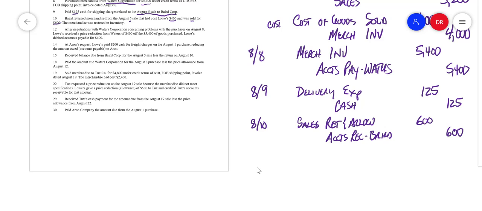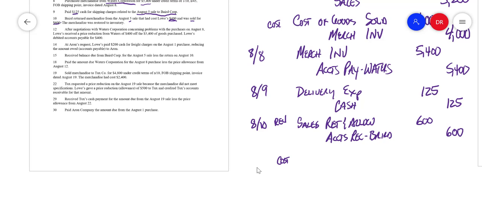All right. Now that's the revenue portion. Now we have to think about the cost portion because we're doing perpetual inventory. So the cost is here. It's the $400.